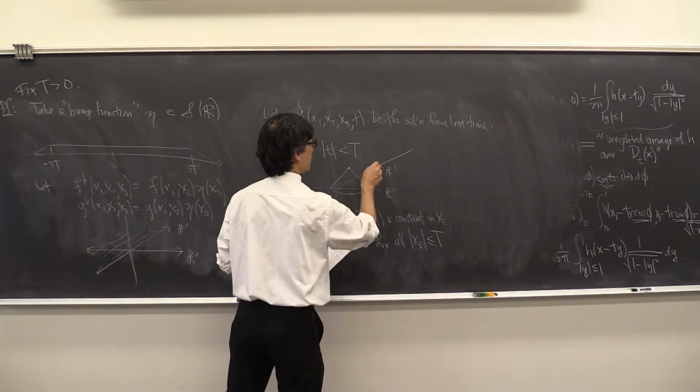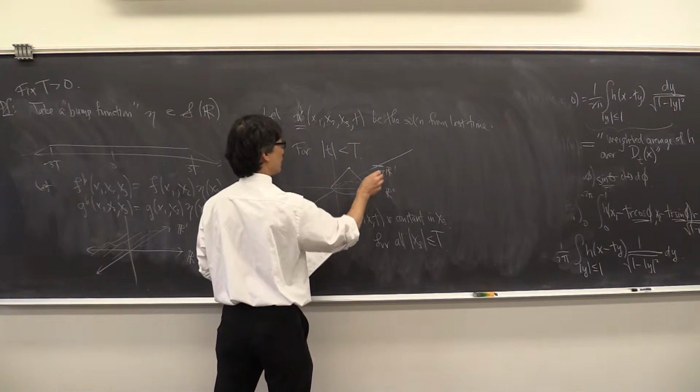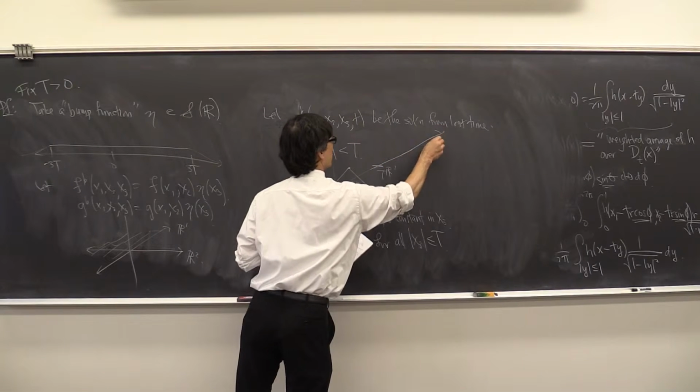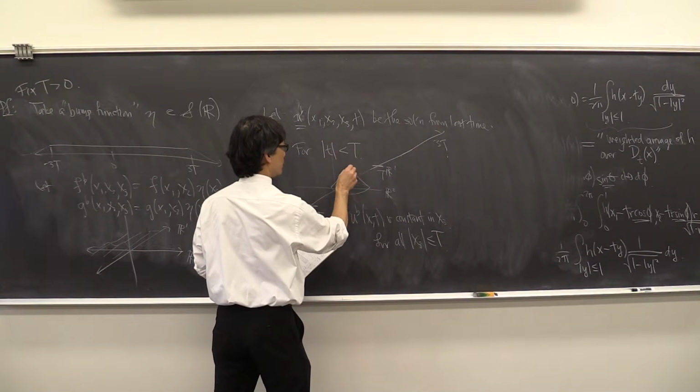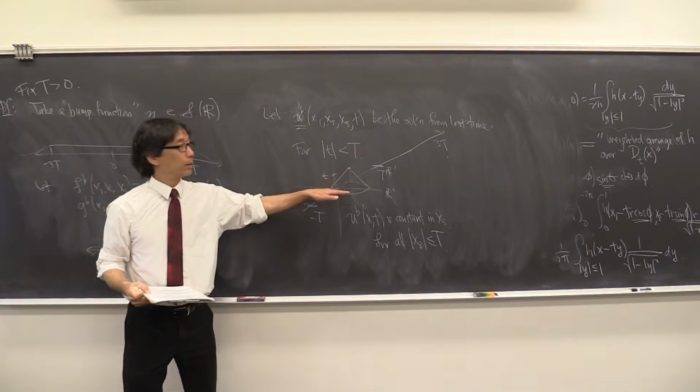Right? So let's say this is t. This is negative t. 3t is out here. And here is our big T.